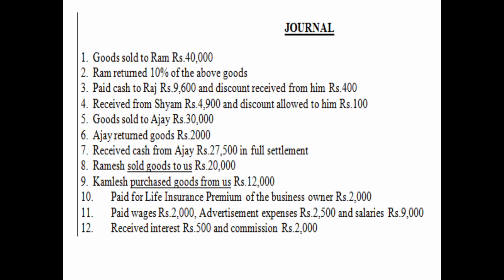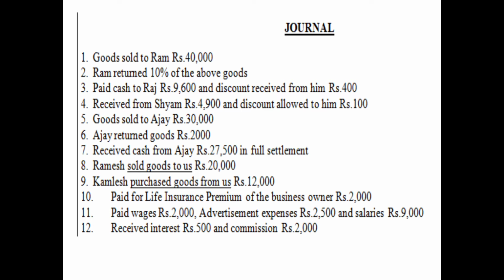Point number 4. Received from Shyam rupees 4,900 and discount allowed to him 100. Now we are receiving money from Shyam, that means cash is coming in, so we will debit cash account 4,900. Then we are also allowing him discount of rupees 100. Discount allowed is an expense for the business and therefore it will be debited.